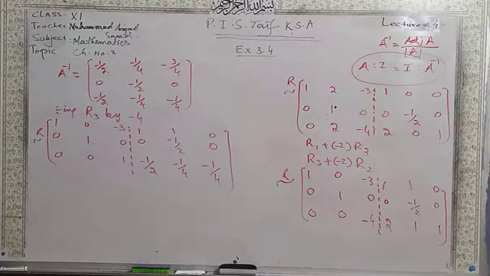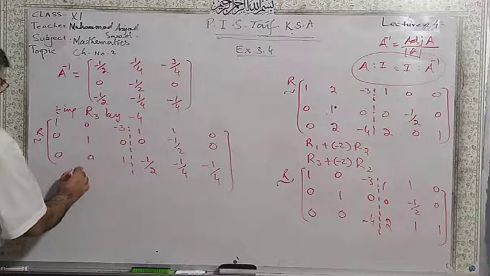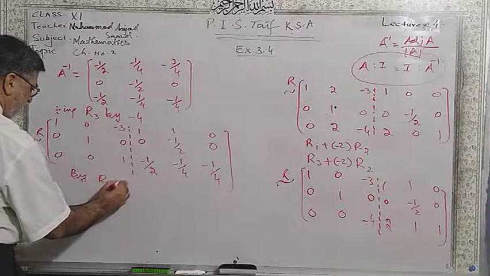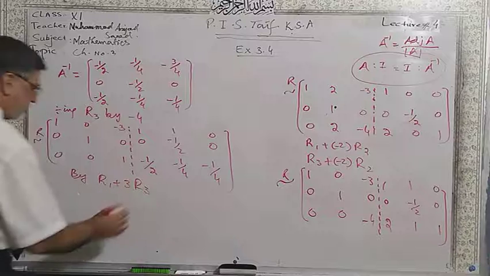Dear students, after that, here is minus 3, we have to make 0 here. Multiply this R3 by 3 and add in R1, that is R1 plus 3R3.